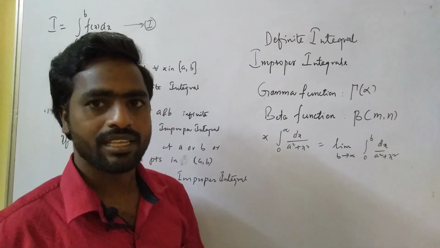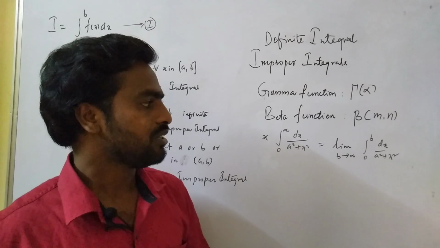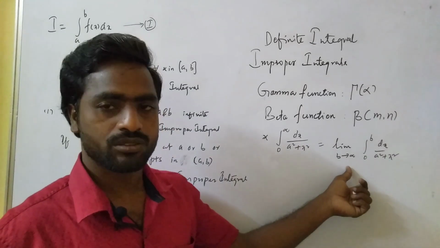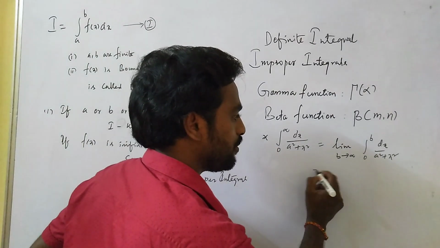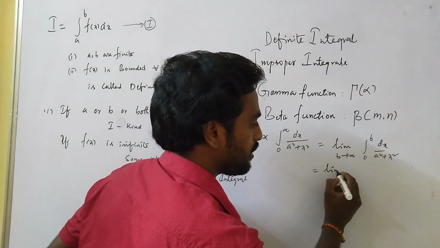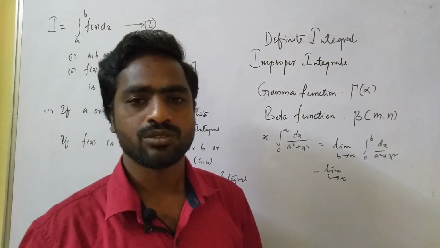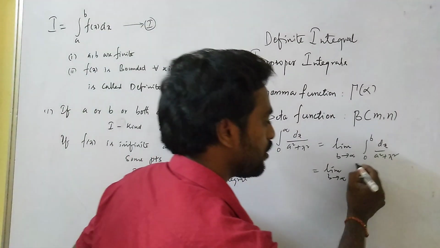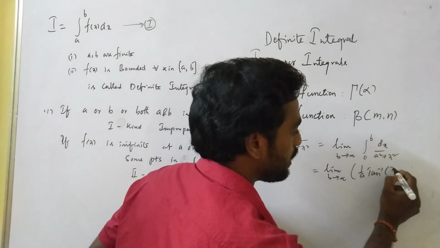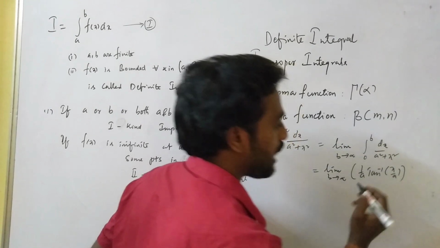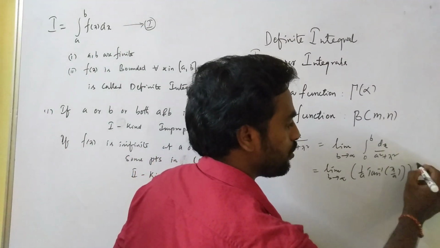That's why I want to take a finite value and apply the limit after completion of integration. Which is the exact value, equal to limit b tends to infinity, dx by a square plus x square, so its integration is 1 by a into tan inverse of x by a. You know this. So limits are 0 to b.